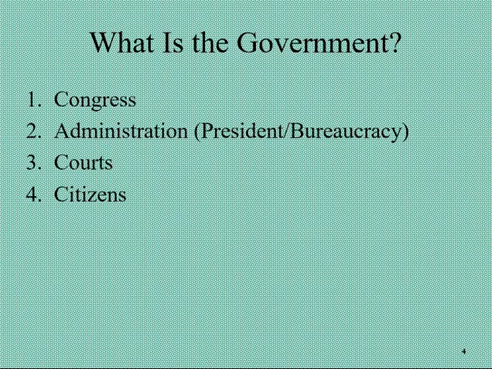What is the government? Well, in this particular country, it involves Congress, the administration, the president, and the bureaucracy. There are the courts, and then, of course, there are citizens.